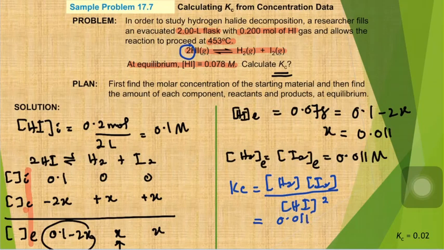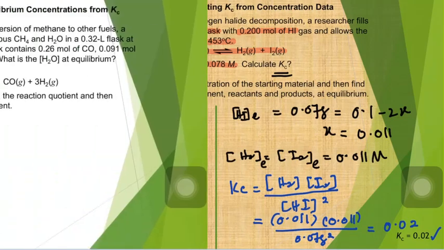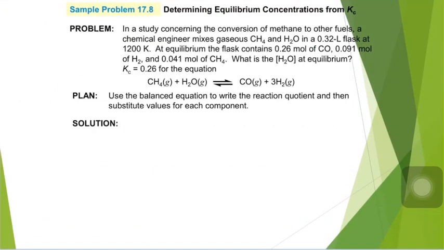H2 is 0.011, multiplied by 0.011, over the concentration of HI, 0.078, to the power of 2. Then we'll get our Kc value equal to 0.02, the same as this. Let's move to the second example.